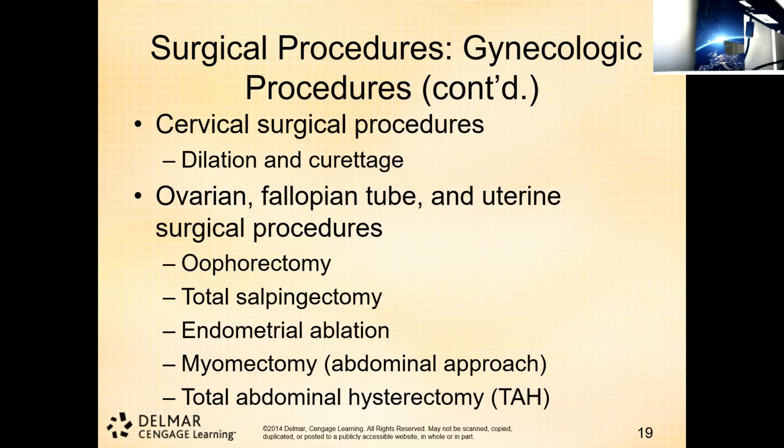All right. Now, with that going on with D&C, it takes us to oophorectomy. Understand the definitions of these surgical procedures, right? Oophorectomy will focus on the ovaries. Now, the ovaries are normally almond-shaped structures that lie on either side of the uterus in the ovarian fossa of the lateral pelvic wall.